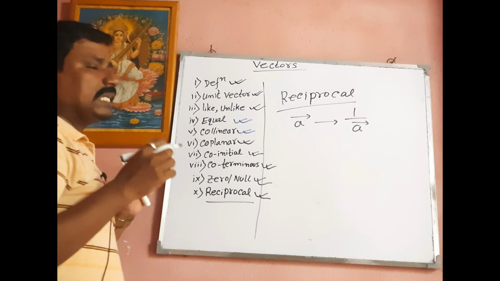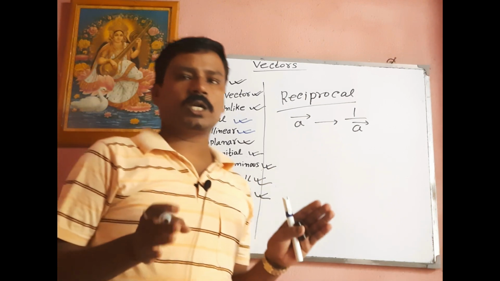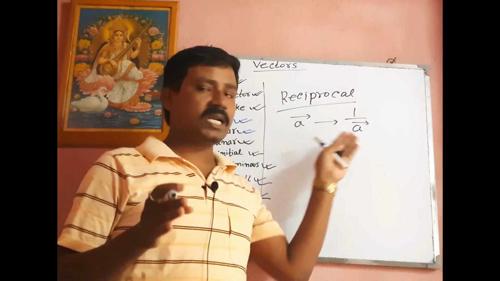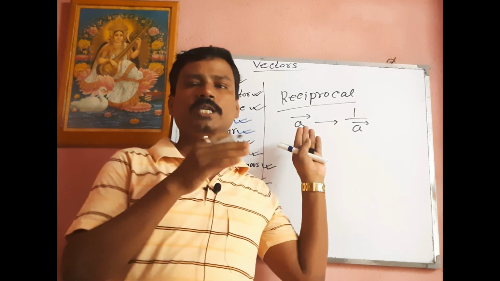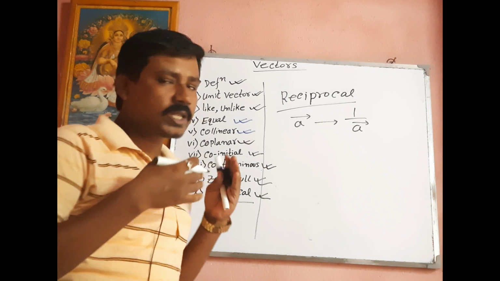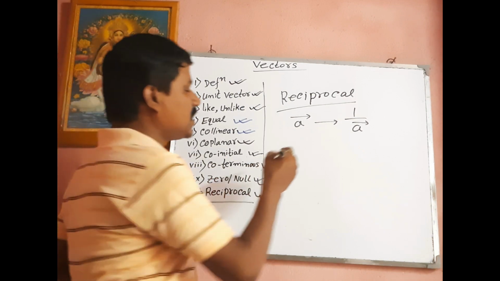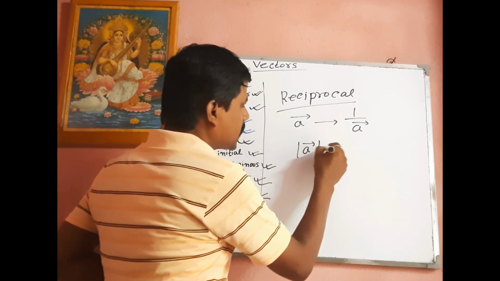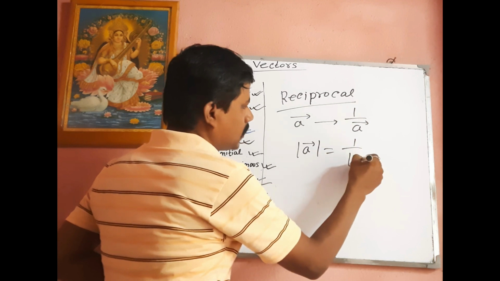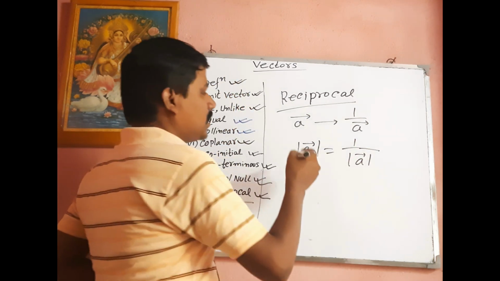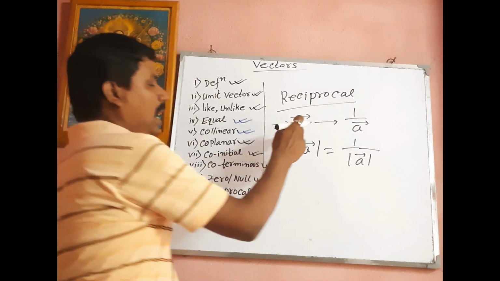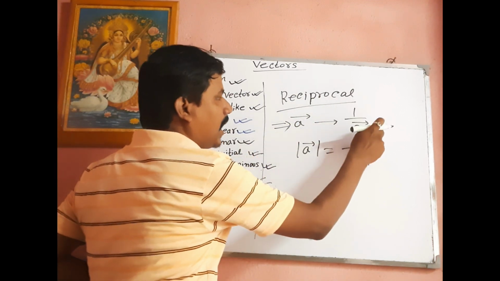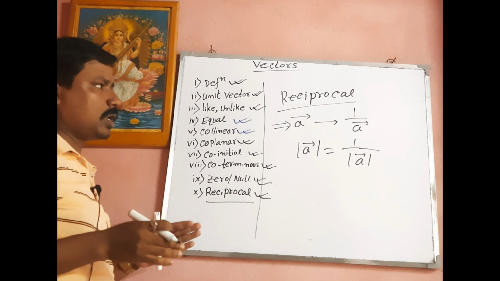The direction of the given vector and this one will be the same, but the magnitude is 1 by the magnitude, that is, the reciprocal of the magnitude. So this is an example of a reciprocal vector. A is a vector and 1 by A is the reciprocal vector of the given vector.